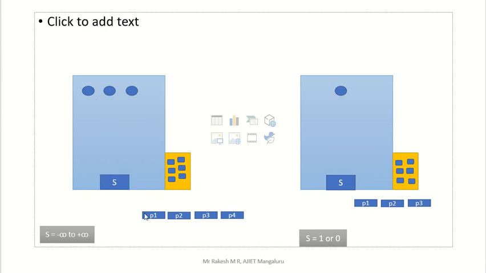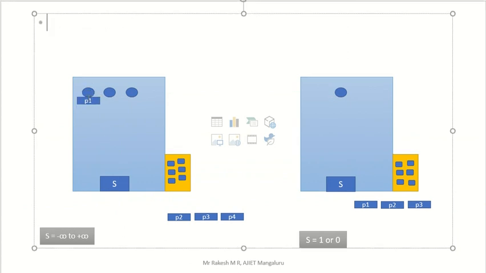Now this process will enter and go to the first chair and sit there. Now automatically the value becomes 2, because only 2 chairs are free.